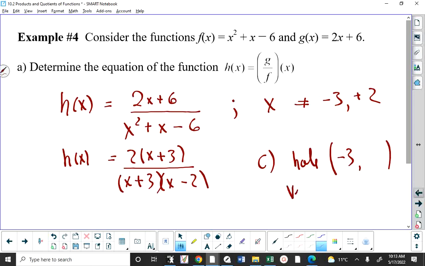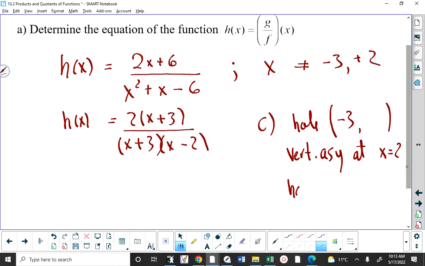There's a vertical asymptote at x equals 2. And by the way, there's a horizontal asymptote. I guess we can do that too.